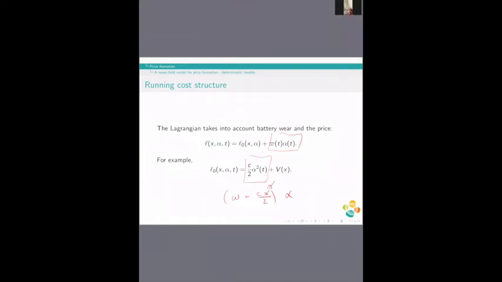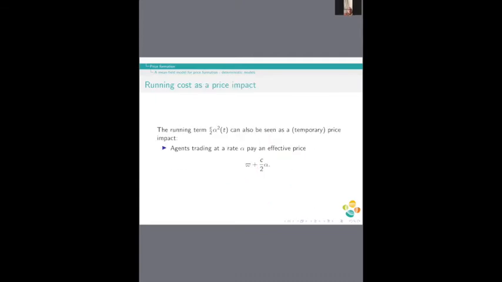So if you are trading at a high trading rate, you pay the market price plus something, the market impact, and this is something observed in, for example, stock markets. If you give very large orders, you impact the market and you pay more than the spot price before you have given the order. So you pay an effective price.